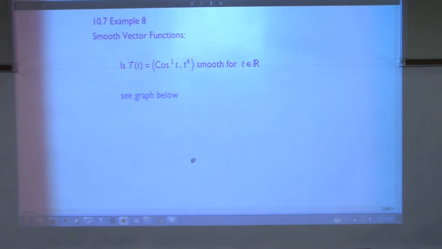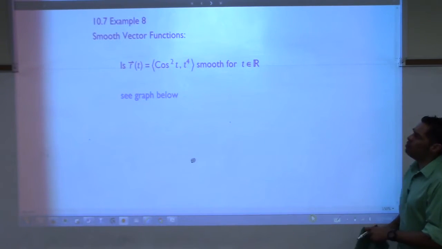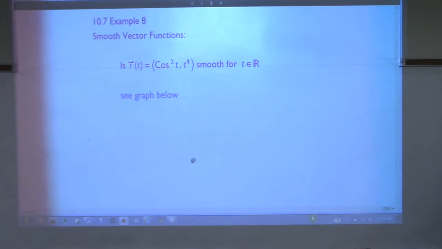Look at this one right here. Is this vector function smooth for all t? So what are you being asked then? Take the derivative, set it equal to 0, and see if you have any issues.